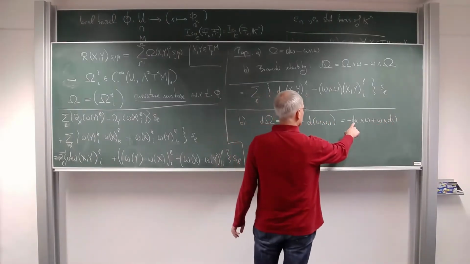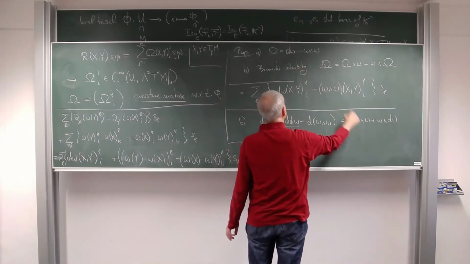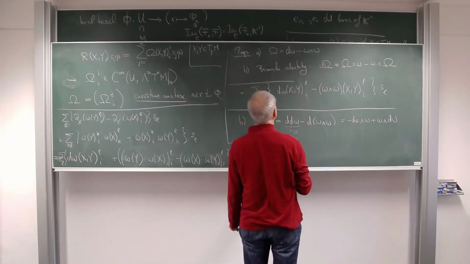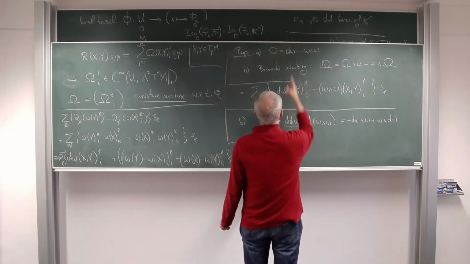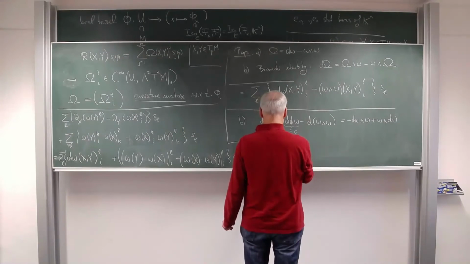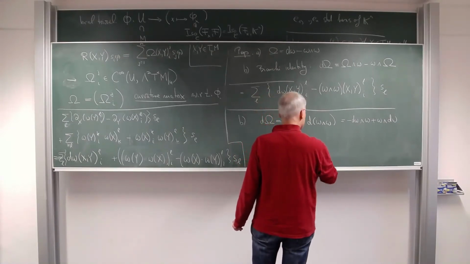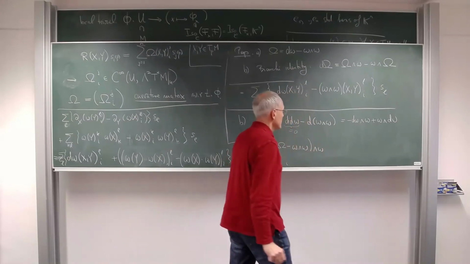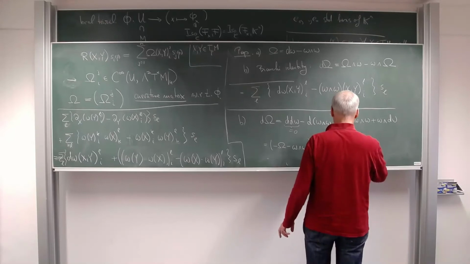And so now for this part we can again use the first equation and solve for this. So what we get is, it's on that side, that's on this. So this is minus capital omega wedge little omega, and similarly for the second term, plus little omega wedge capital omega.